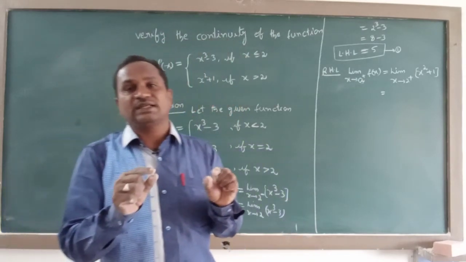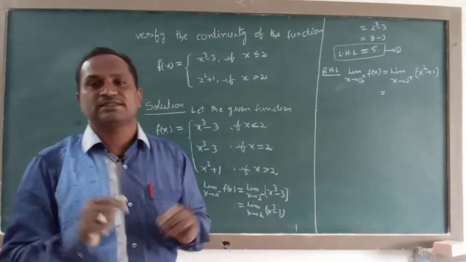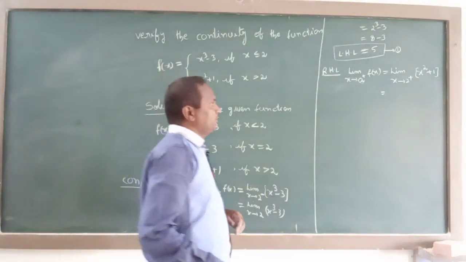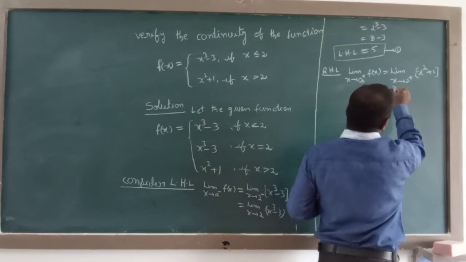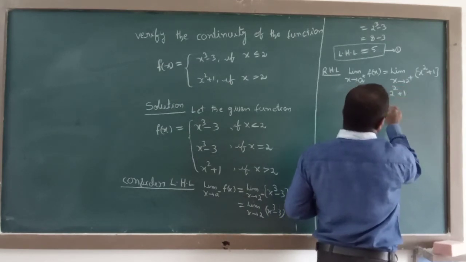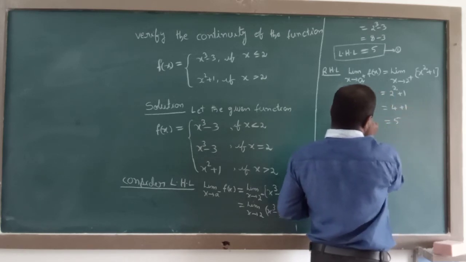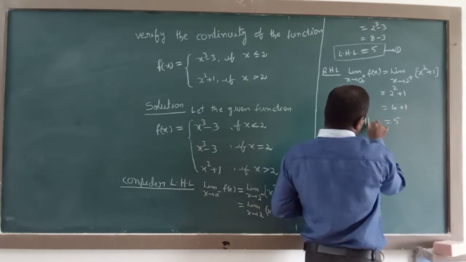They are only representations of LHL and RHL respectively. Now we substitute 2 in place of x: 2 square plus 1 is equal to 4 plus 1 is equal to 5. It is the RHL value.